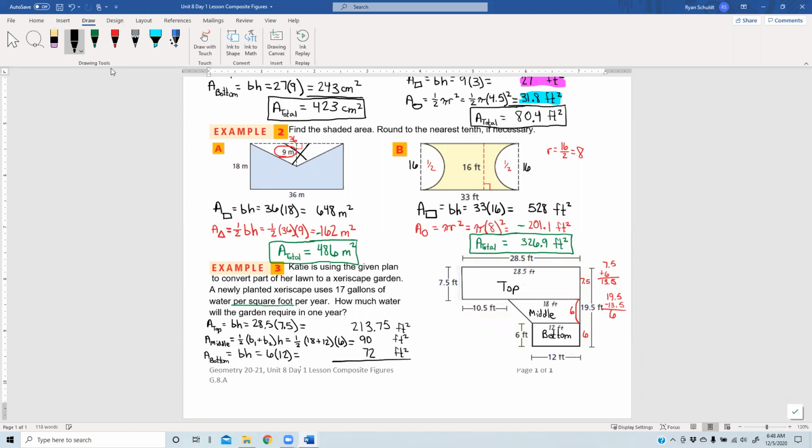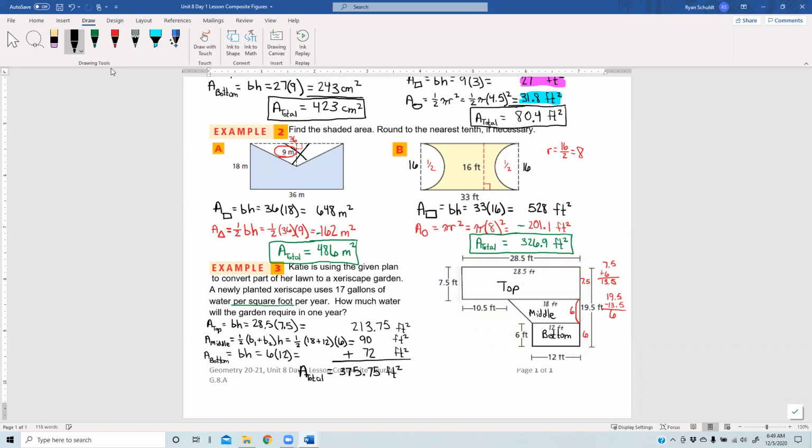So to get the area of the total garden, we just add all of these up. If you add them all up, you get 375.75 feet squared.